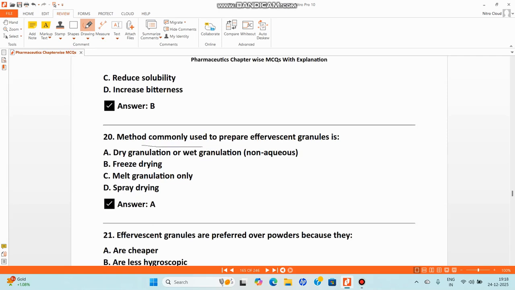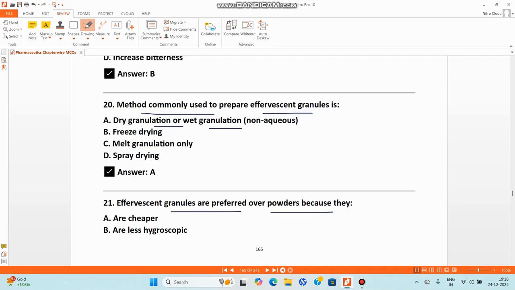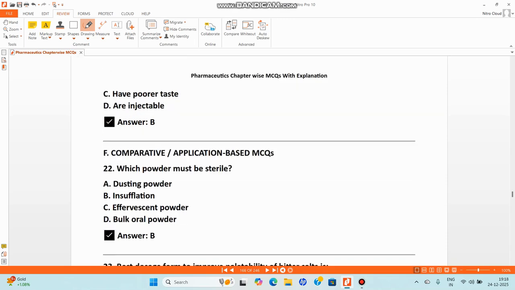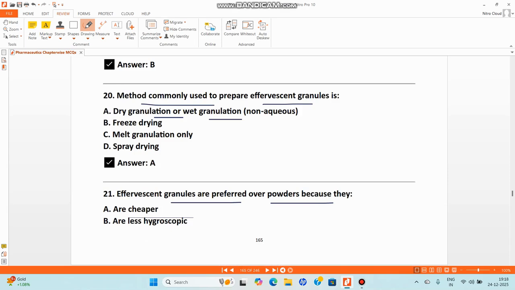Method commonly used to prepare effervescent granules is dry granulation or wet granulation. Effervescent granules are preferred over powder because they are less hygroscopic. So answer will be B.